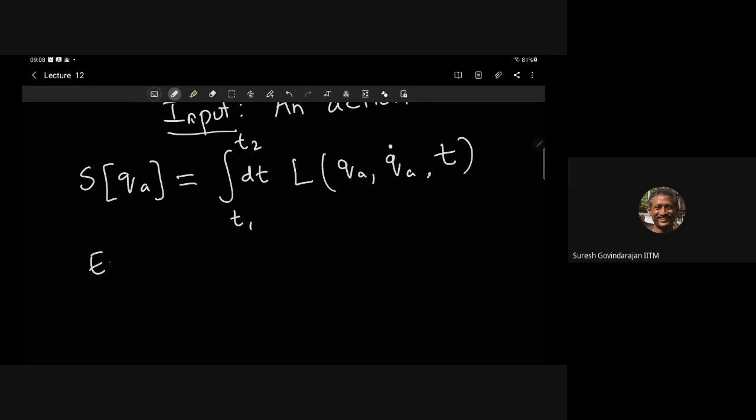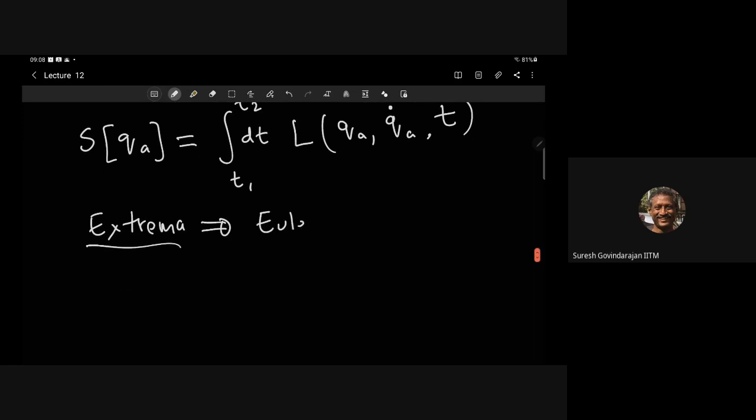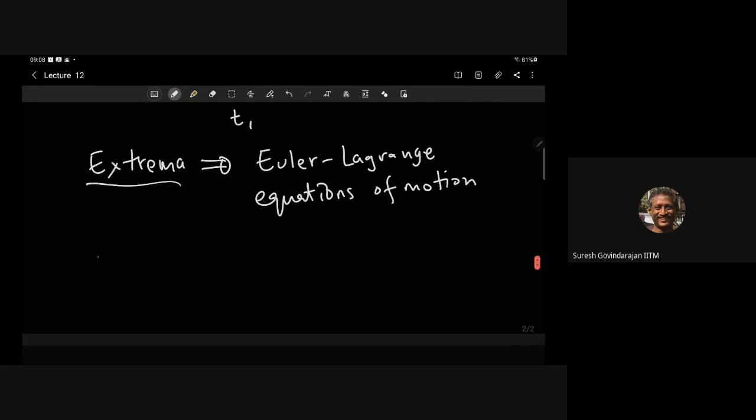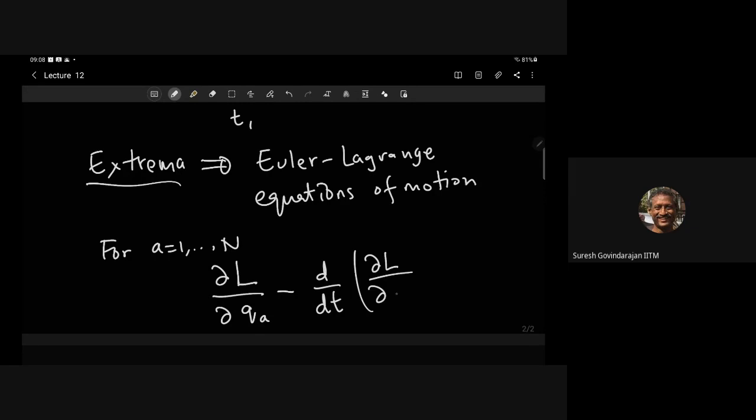So extremizing implies the Euler-Lagrange equations of motion. For all a equal to 1 to n, so n degrees of freedom, we just get different equations. It just says dL by dqa minus d by dt of dL by dqa dot equal to 0.